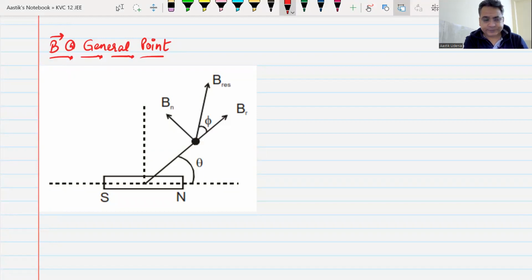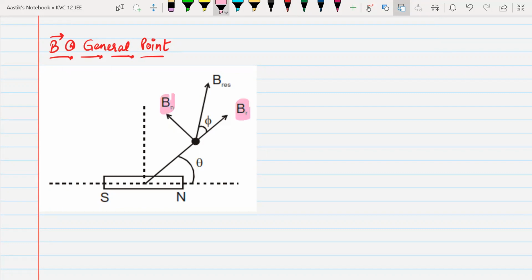So then, what we can do is write the formula for magnetic field due to a bar magnet at a general point. It will have two components, B_R and B_N. We understand this, everyone? The electric field at a general point was given by kp by r cube root over 1 plus 3 cos square theta.